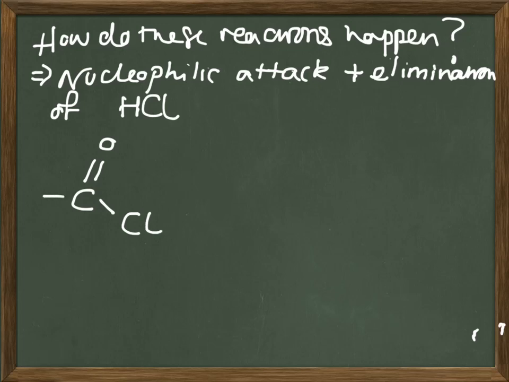So here's an example. You've got your acyl chloride, big old dipoles on it, delta plus. The nucleophile goes, woohoo, I've got my lone pair, I'm going to attack that. There's a lone pair on water there, that's a nice nucleophile.